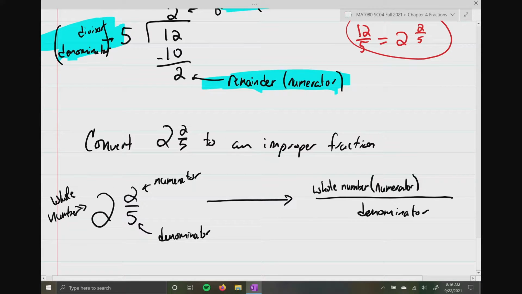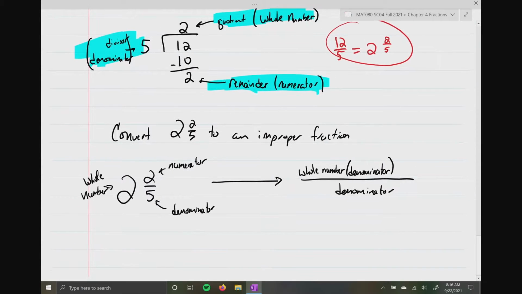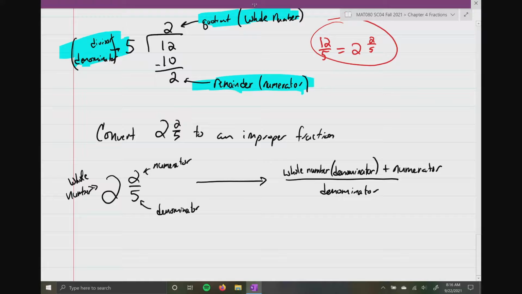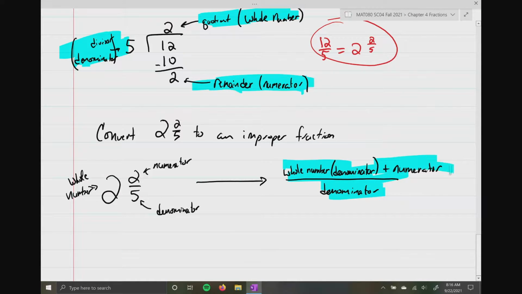I'm sorry. Hold on. Wrong one. Whole number times your denominator, and you add your numerator. And that is the thing that you got to memorize, I guess. You're never going to hear me say memorize too much. But that's what you got to know. Right there.